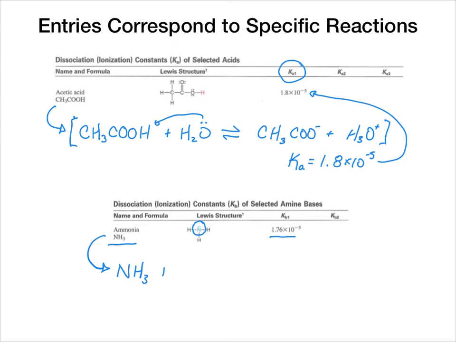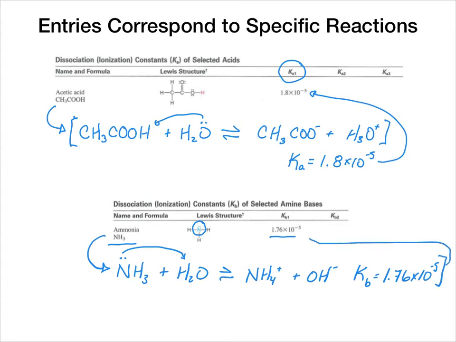This entry corresponds to ammonia reacting with water and behaving as a base. So that nitrogen takes that proton, creating NH4+ and OH-. And this reaction is described by a Kb that is equal to 1.76 times 10 to the minus 5, or exactly the value that is found in the table.